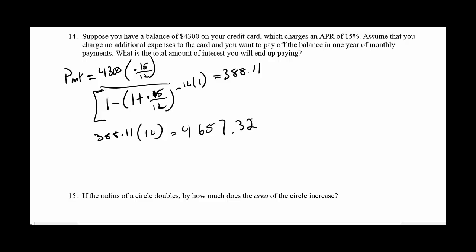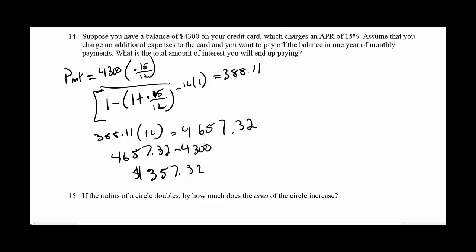That's what we were paying on that. So the amount of interest is going to be to take that number and subtract. So that actually gives us 357.32 in interest.